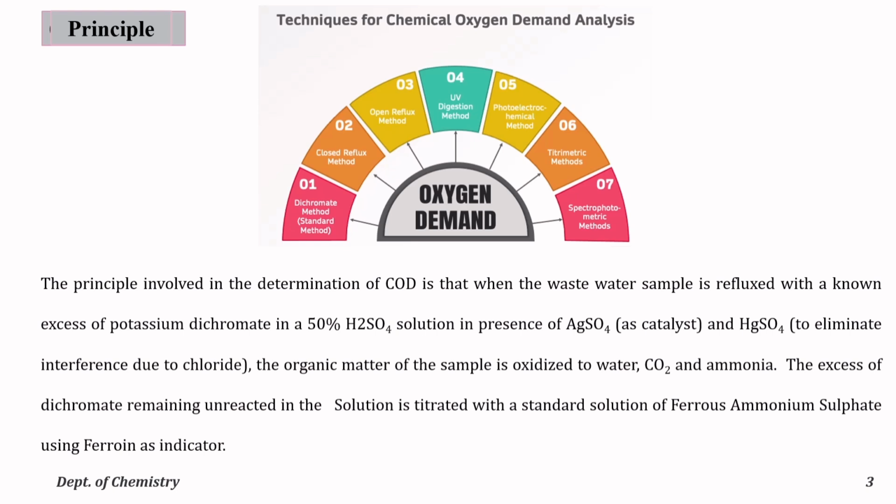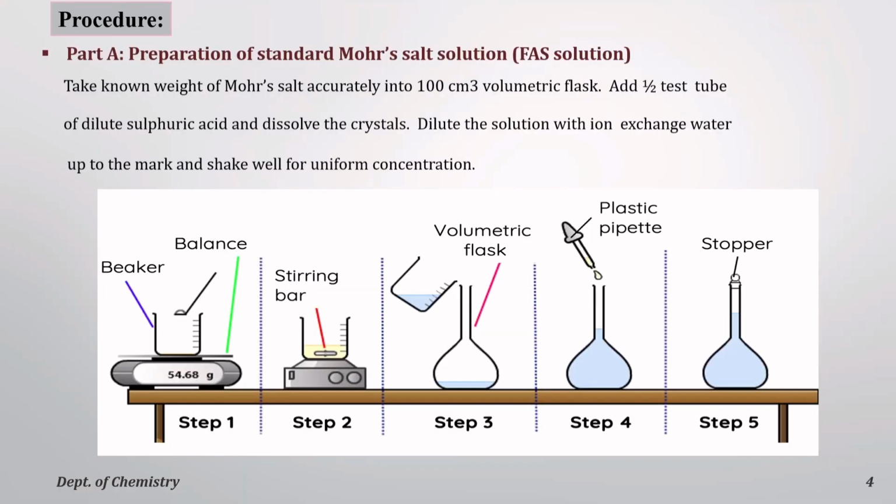Maintaining acidic condition is very important here, in the presence of silver sulfate, which acts as a catalyst, and mercuric sulfate, which is used to eliminate any interference arising in the titration due to the presence of chloride ions. The dichromate remaining unreacted in the solution will be titrated with the standard solution of FAS, that is ferrous ammonium sulfate, using ferroin indicator.